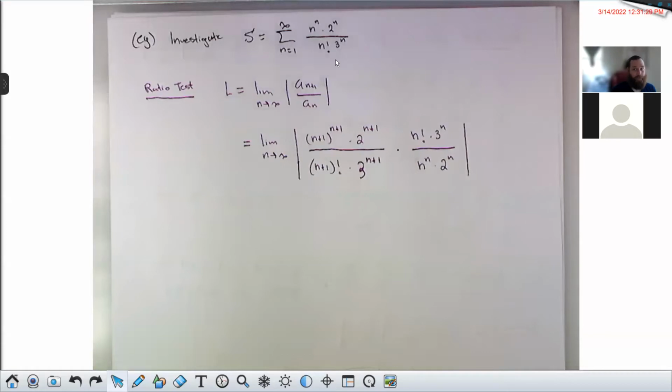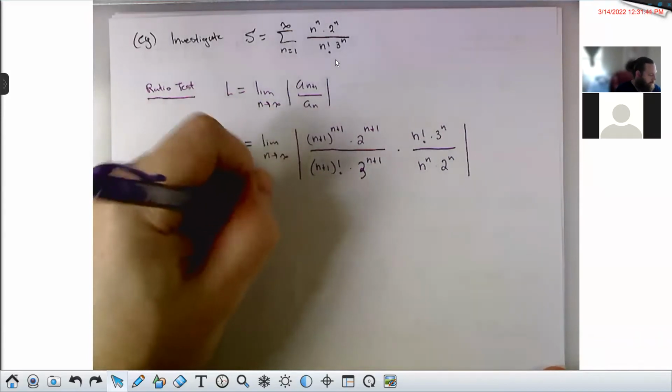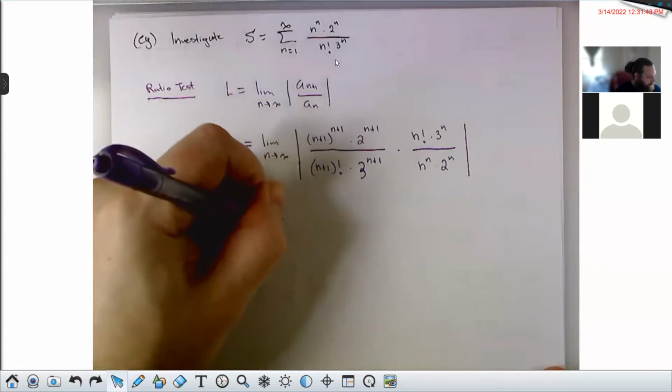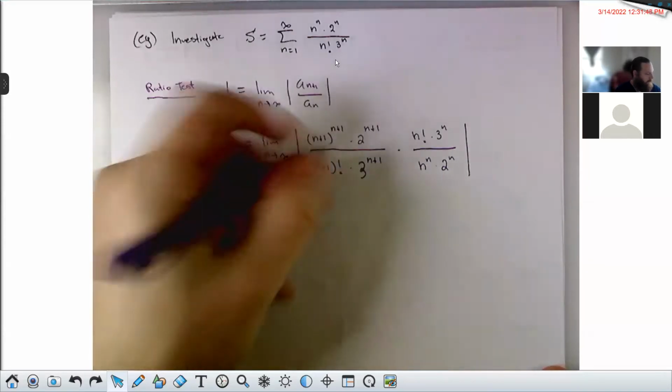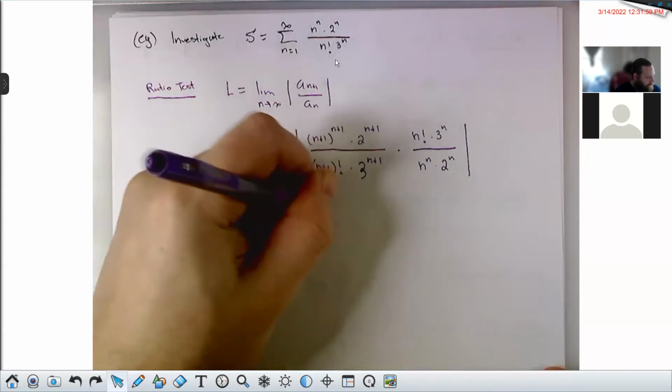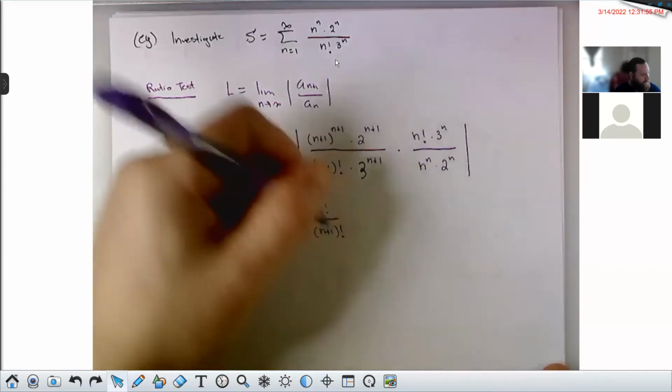Lots of different pieces. But remember what we said on the last problem. We should just group the like pieces together. Everything here is being multiplied. So I'll put the factorials together. There's an n factorial upstairs and n plus 1 factorial downstairs. That's n factorial over n plus 1 factorial.